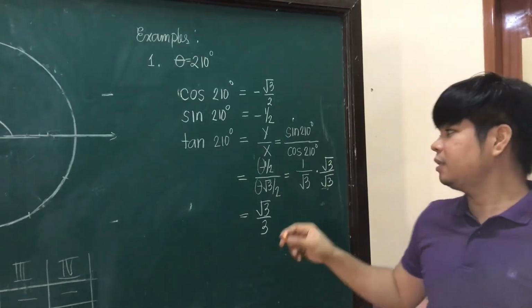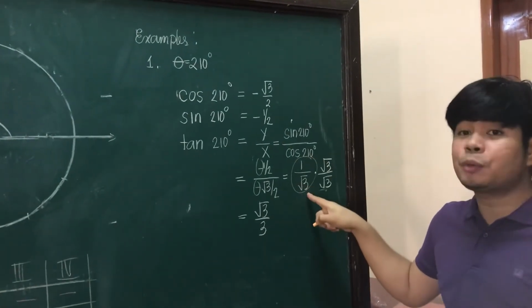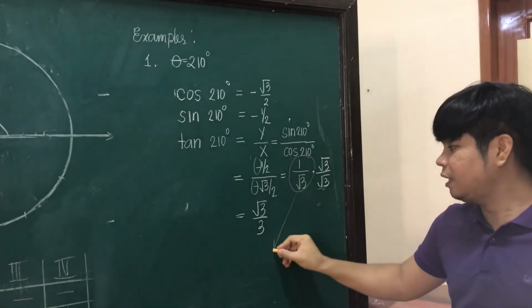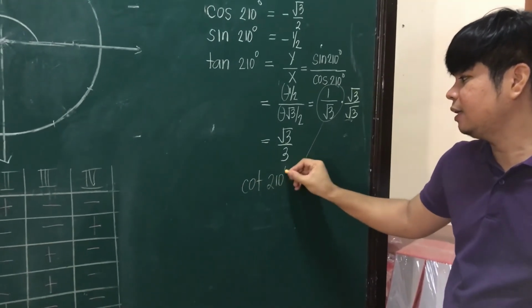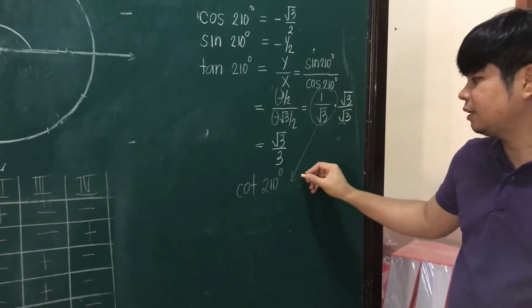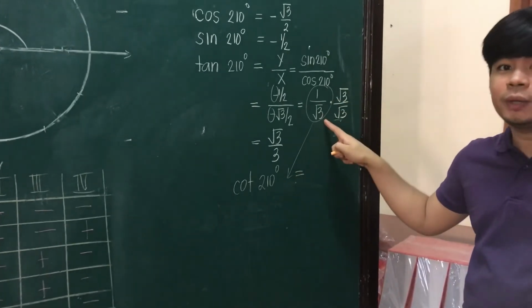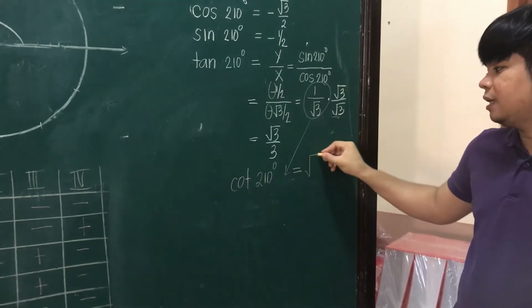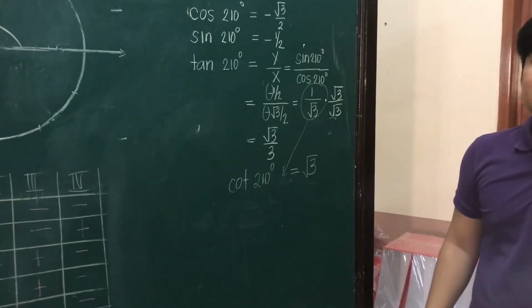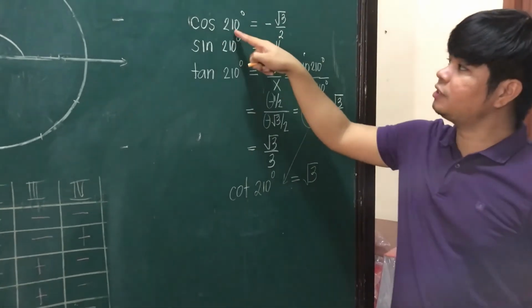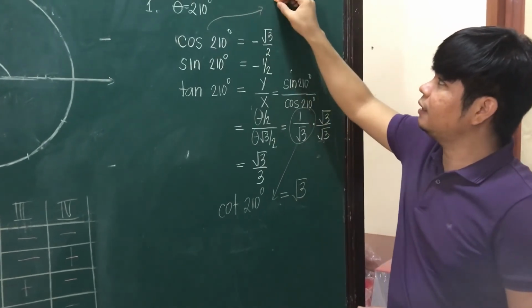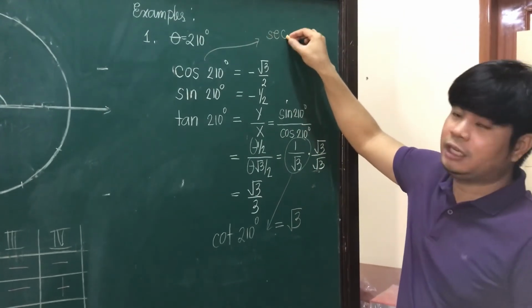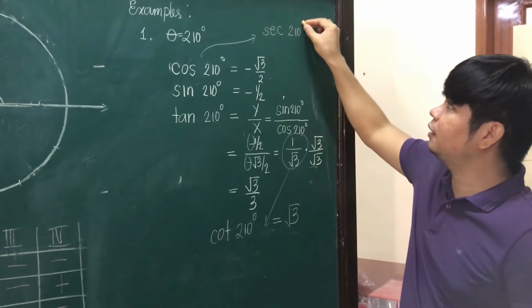Tangent 210 degrees is originally 1 over square root of 3. So when we get cotangent 210 degrees, we just need to get the reciprocal of 1 over square root of 3. The answer is square root of 3. Now for cosine 210 degrees, we know that the reciprocal of cosine is the secant function, and that is secant 210 degrees.